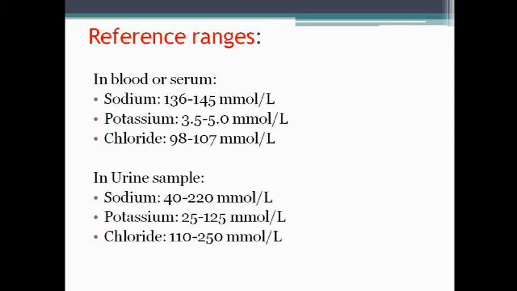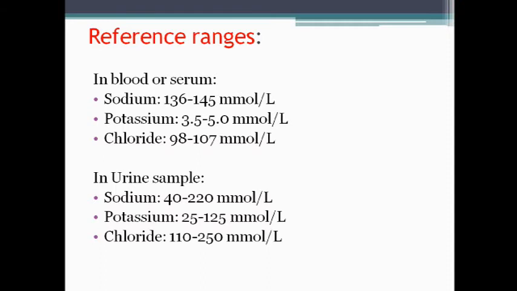The universal reference range in blood, for sodium, is 136 to 145 millimole per liter, potassium 3.5 to 5 millimole per liter, chloride 98 to 107 or 108 millimole per liter.